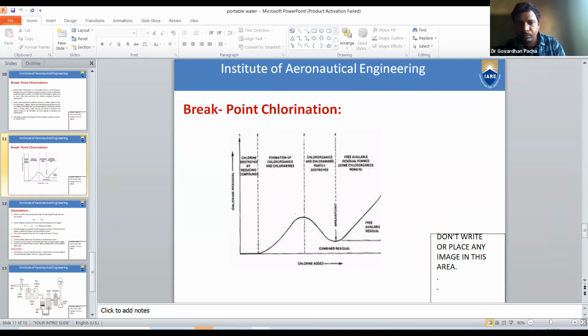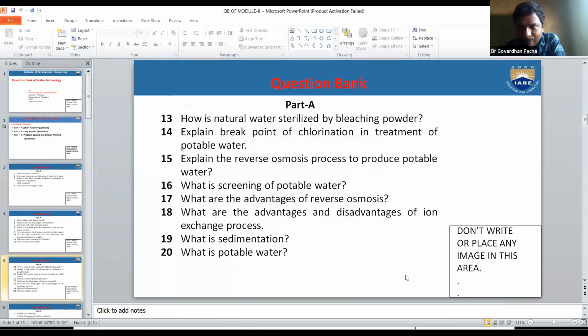It simply tells that the point at which free residual chlorine begins to appear is termed breakpoint chlorination. Okay, ma. So this is about breakpoint chlorination, the fourth question.